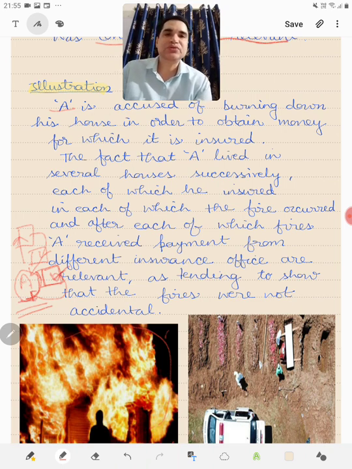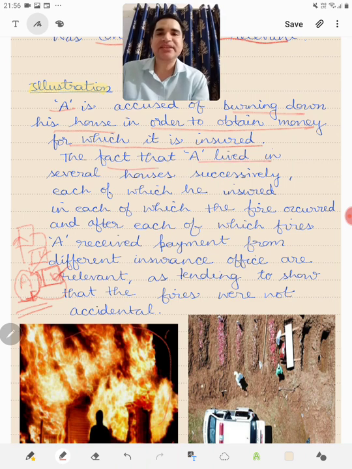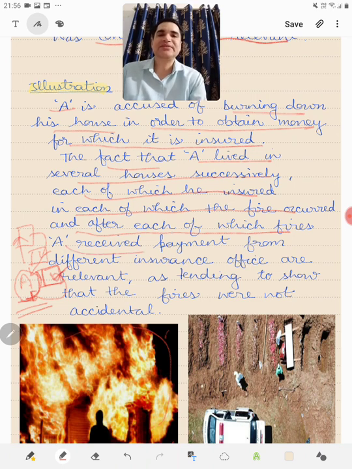So A is accused of burning down his house in order to obtain money for which it was insured. The fact that A lived in several houses successively, each of which he insured, in each of which the fire occurred, and after each of which fires A received payment from different insurance offices, are relevant, as tending to show that the fires were not accidental.